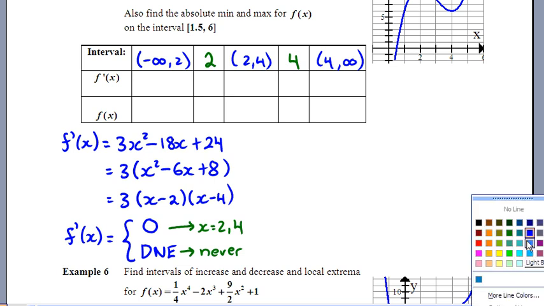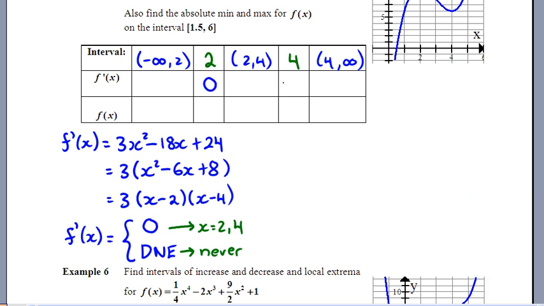I know that the derivative is equal to 0 at 2 and 4, but what's it doing before and after those moments? So you try a number out that's in this interval, like 1, and you substitute it in to see what the derivative is doing. When you try that out, you'll see that you get a positive answer. So the derivative is positive. That tells me that the function is increasing. There's a little increasing interval for you.